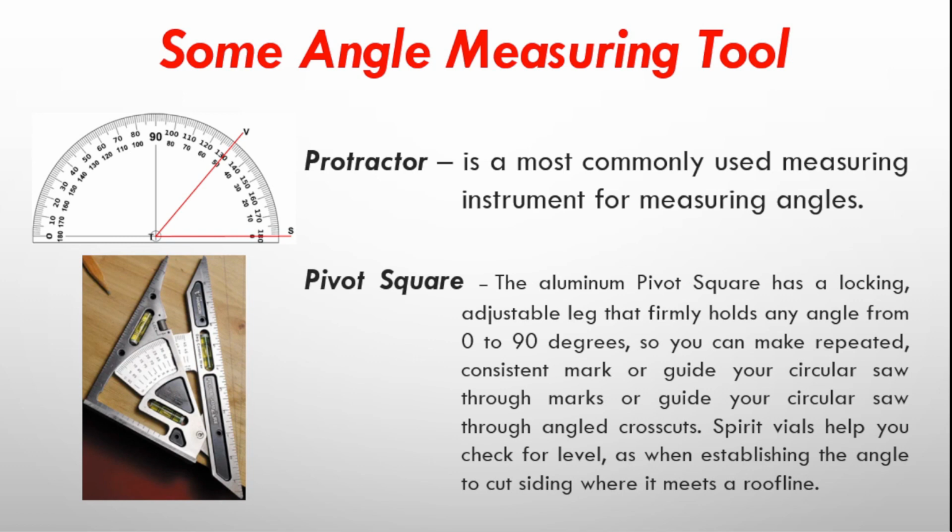So you can make repeated consistent marks or guide your circular saw through angled crosscuts. Spirit vials help you check for level, as when establishing the angle to cut siding where it meets a roof line.